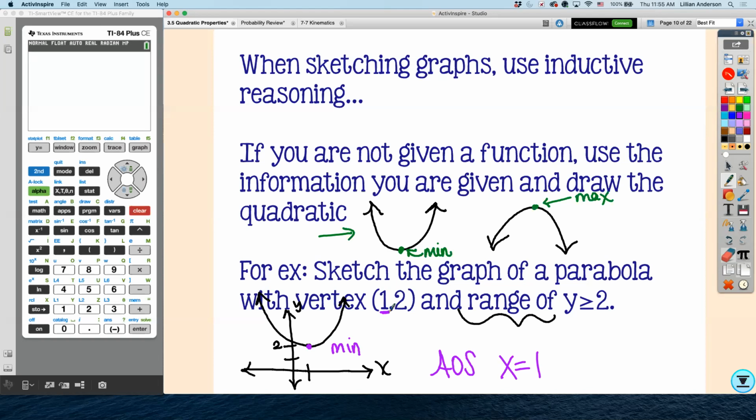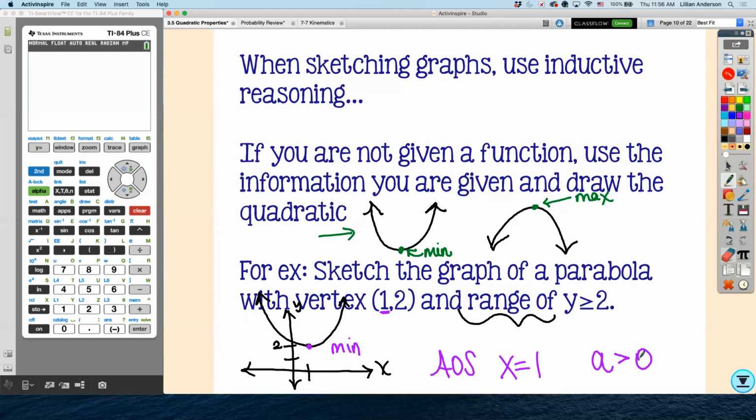Because the graph opens up, if I knew what the equation was, a had to be what? Positive. It had to be positive, so that means it had to be greater than 0. All of that I can deduce from just this little bit of information. Now, what I've done in the purple is extra.